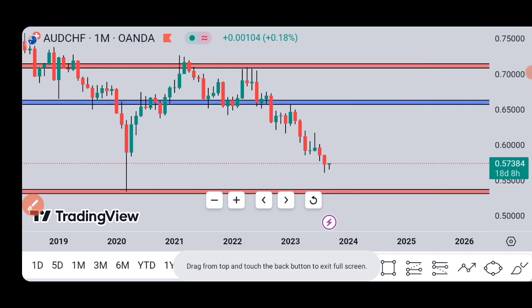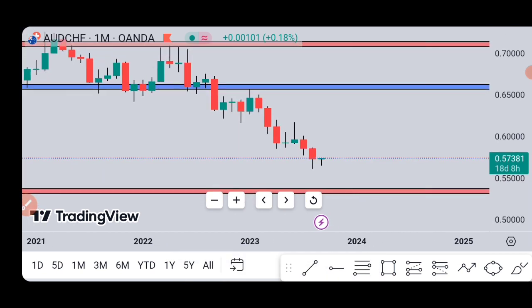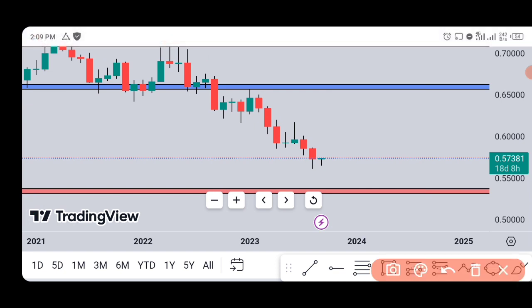So in this case, okay. On the monthly time frame, what I do is check candlestick formation, like candlestick patterns. So here on the monthly, nothing is stopping the market from moving down. The only thing stopping this market now is this: from this lower high to this lower low, we need another move to the upside.